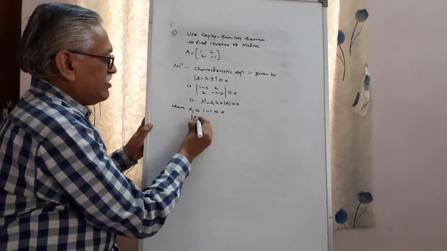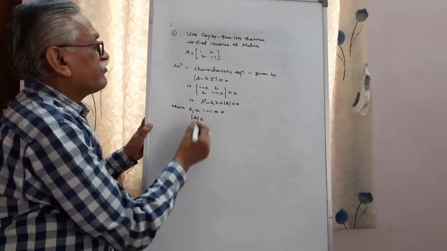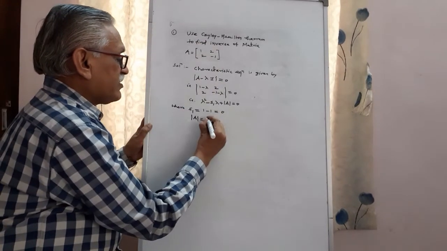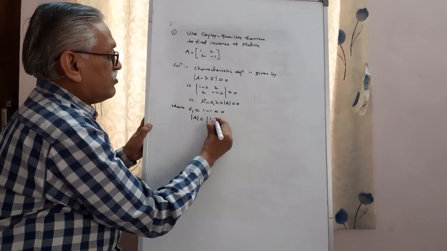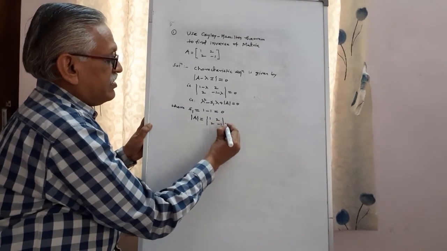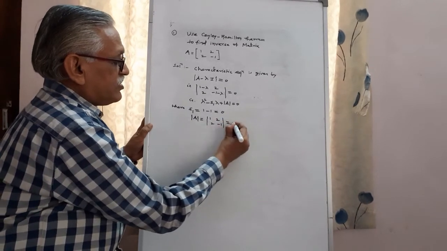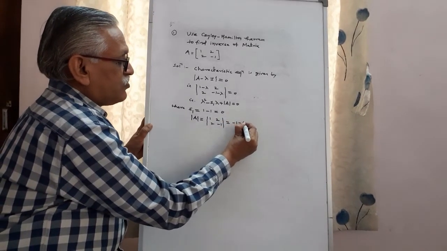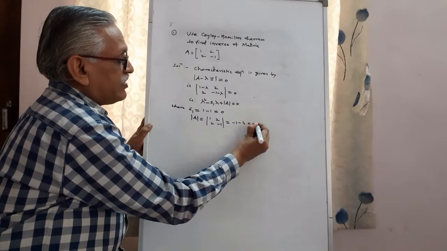Determinant of A is the determinant of this matrix, [[1, 2], [2, -1]], and it equals minus 1 minus 4, so we get minus 5.